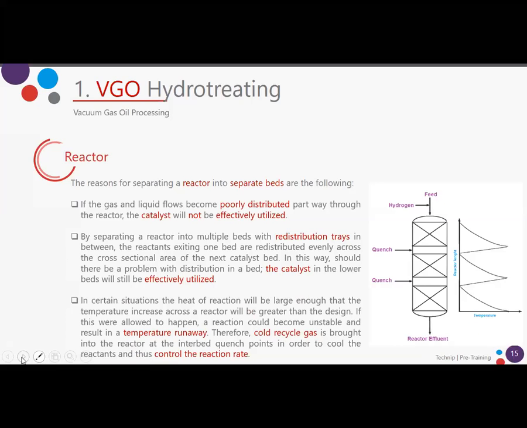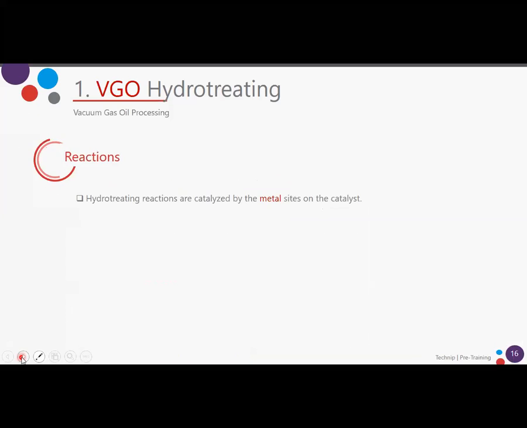So we will see now the reactions. Let's see some facts about the reactions. The hydrotreating reactions are catalyzed by the metal sites on the catalyst. The primary hydrotreating reactions are sulfur and nitrogen removal, as well as olefin saturation.